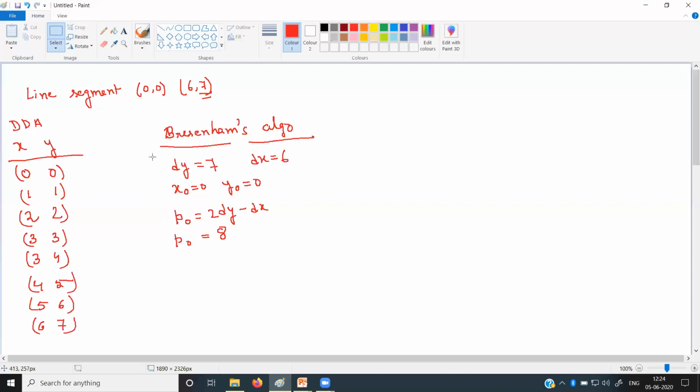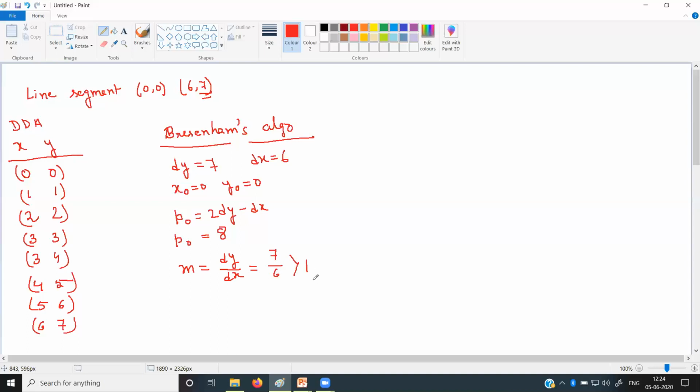Before doing all those things, I also have to compute the value of m. Fine. So we will compute the value of m. As you know, m is dy by dx. Okay. So if you compute dy by dx, it will be 7 by 6, which is greater than 1.